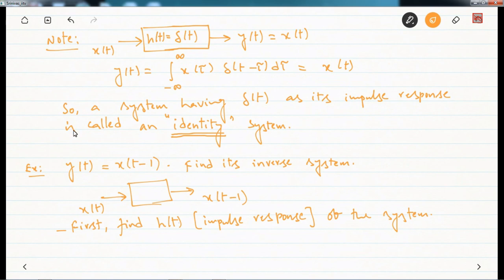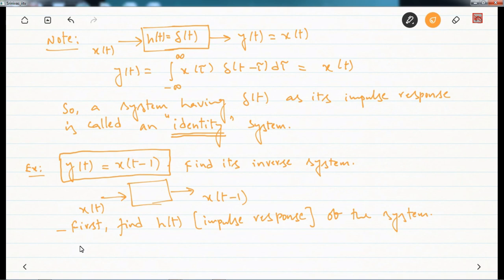This is called the input-output relation: y of t equal to x of t minus 1. Whatever input x of t you give to the system, its output is the delayed version of it. Its output is x of t minus 1.